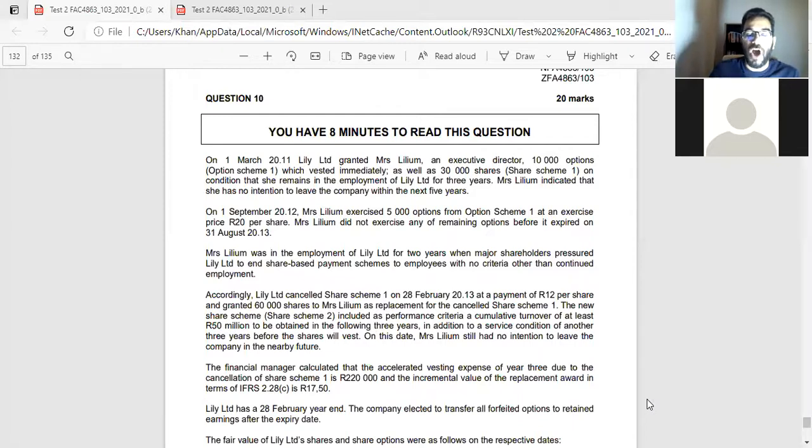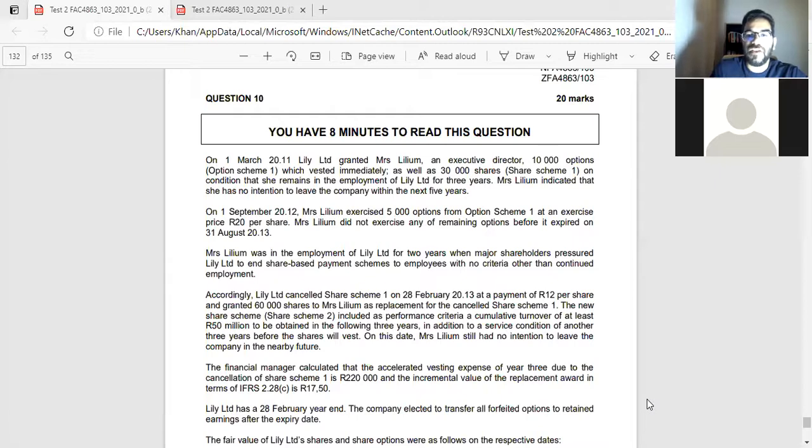For the options, there are no vesting conditions. That means the expense relating to the options will be recognized immediately. Why? Because there's no waiting period. The executive director can exercise her options immediately. She doesn't have to wait for a certain period.